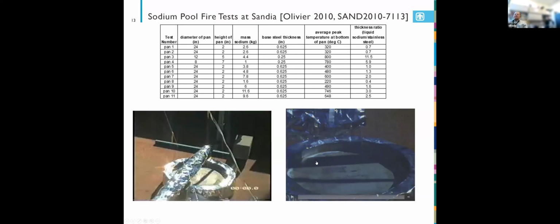There were a number of tests done. Let me show you this slow motion picture of the sodium spray dropping onto the pool. I mean, into the pan. You can see it quickly solidifies because outdoors you have lots of radiation, plus the pan might be cool instead of heating up.